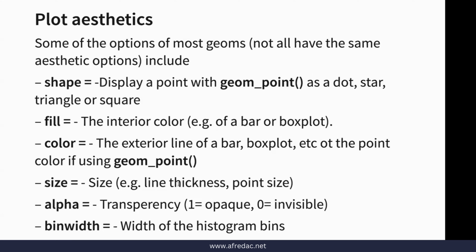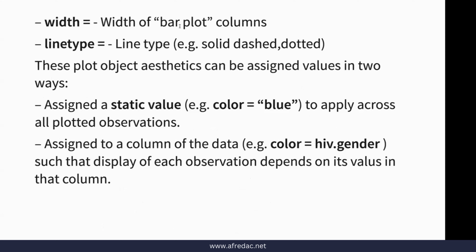I have the option of using a given specific transparency that I want. We can also choose the bin width of a histogram. If it's a bar plot, we can decide the width of those columns. If you have a line plot, you can decide which line type you want, a dotted, or a solid, a dash, etc.